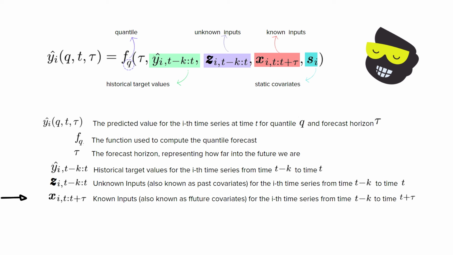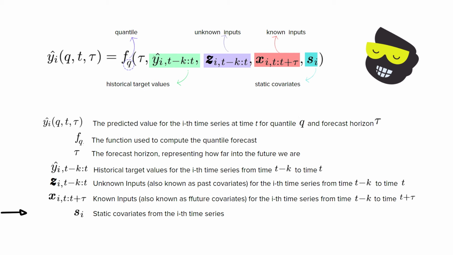So this will be the tau. Then as well, we predict in quantiles, so we have this confidence interval. And there are historical inputs, unknown inputs, and known inputs, and the one that was missing here, the static covariate. And all of this is then bundled together.